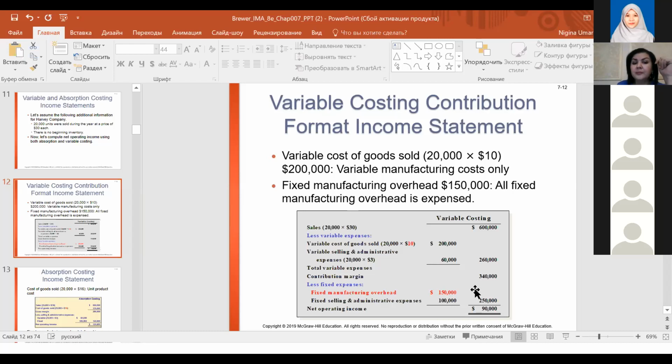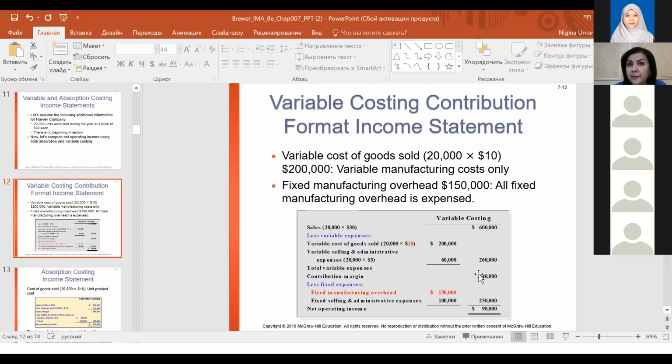So why is it important for managers to use this variable costing contribution format income statement? Because they need to know which costs are variable. They highlight variable costs, and they see that variable cost increases with the number of units sold, and they get the contribution margin. And you see that the total amount of fixed manufacturing overhead is included in the income statement in the fixed expenses.